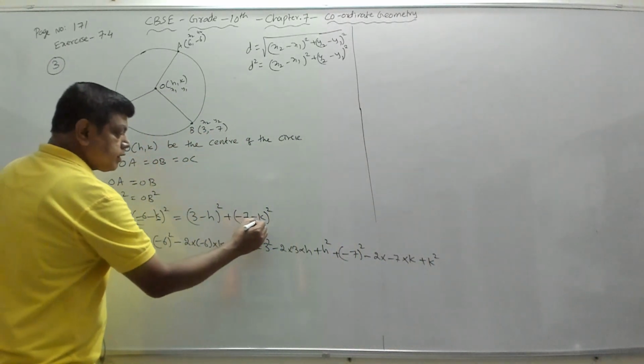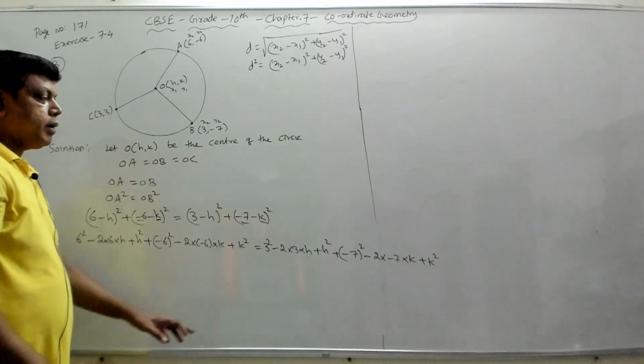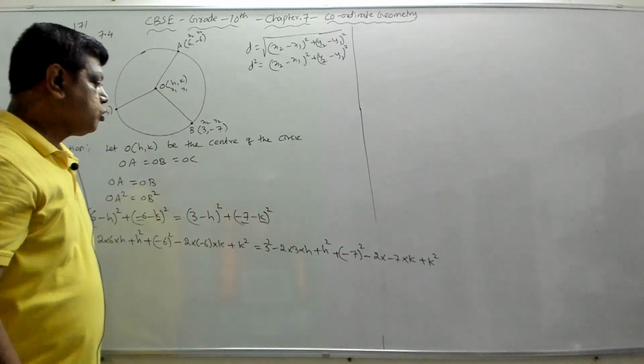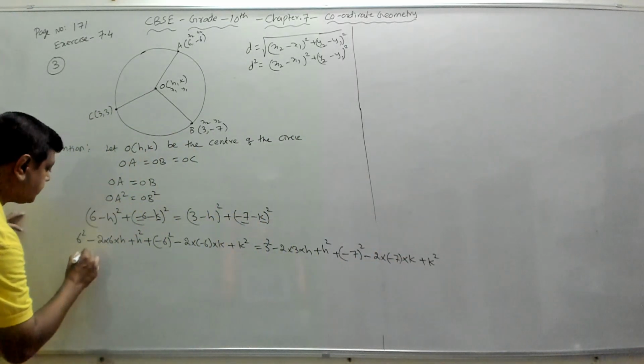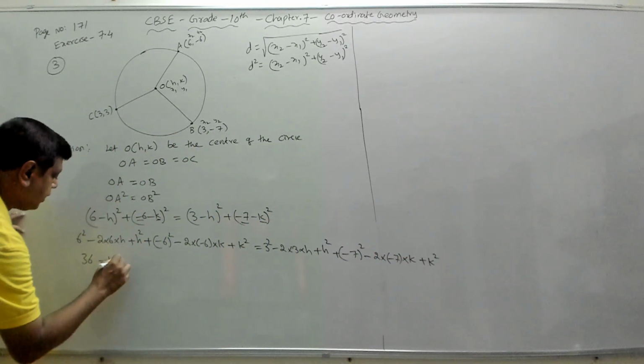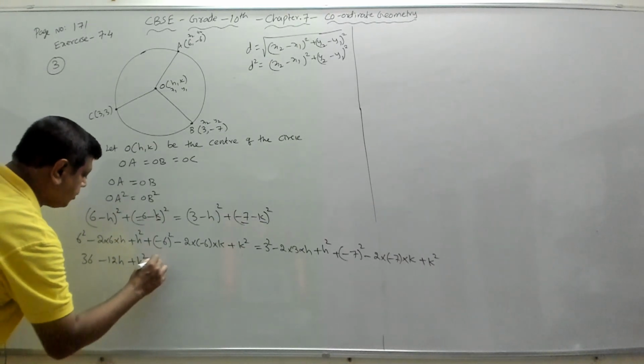So a is minus 7, b is only k, b is not minus k, a square minus 2ab plus b square.